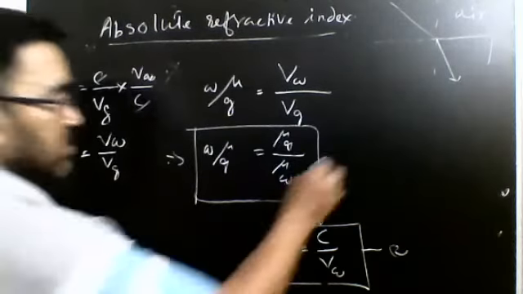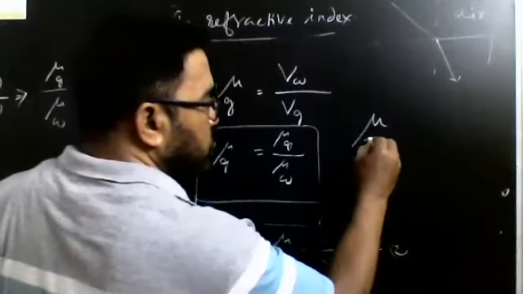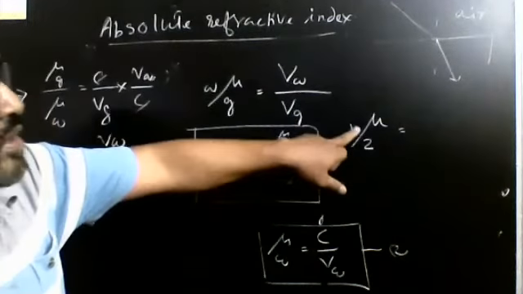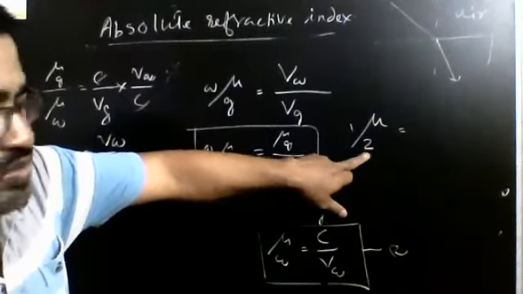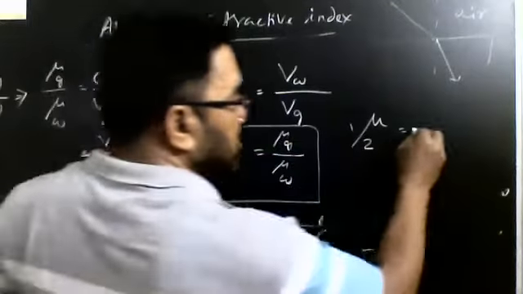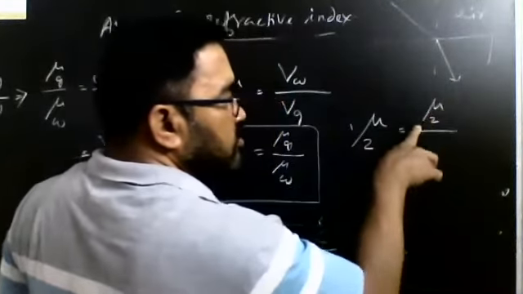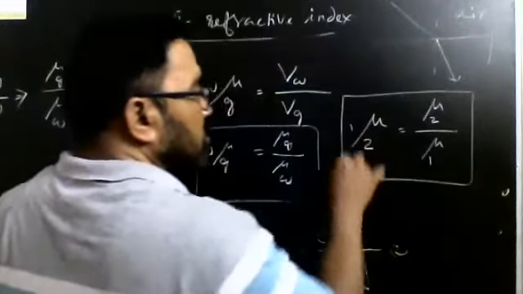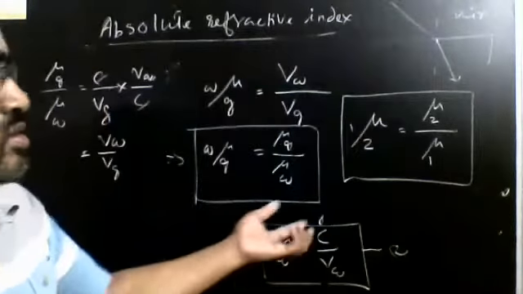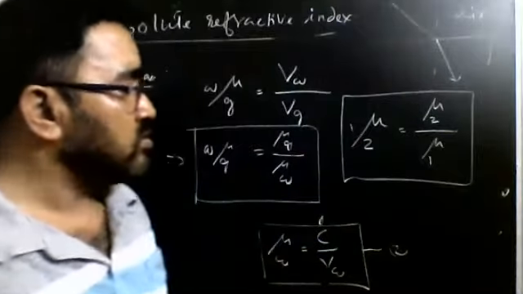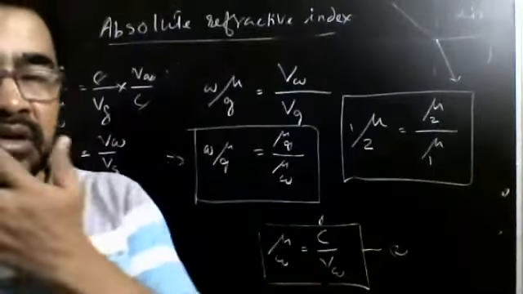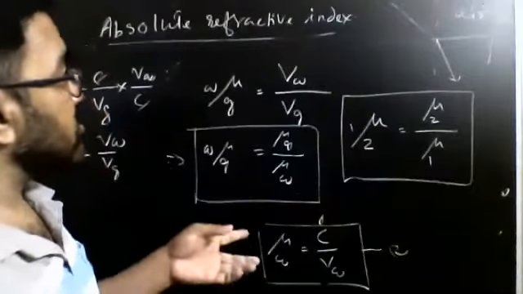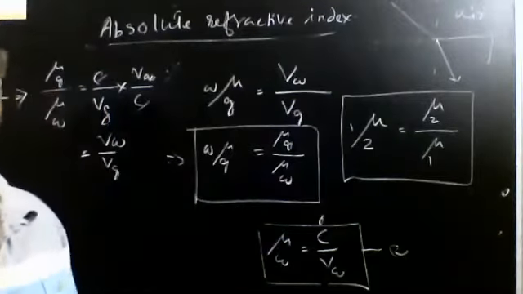That is, you can remember this 2:1. What does it mean? It means that the refractive index of medium 2 with respect to medium 1 is the absolute refractive index of medium 2 divided by the absolute refractive index of medium 1. If it is not water or glass, if we call the media 1 and 2, then we can represent it like this. Okay, so utilizing this we can solve that formula.